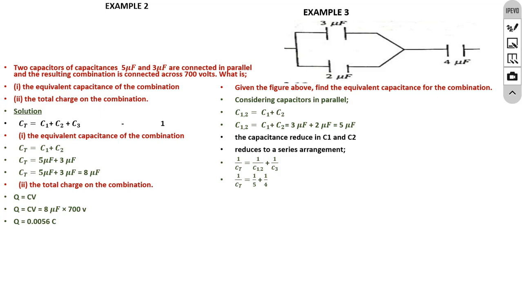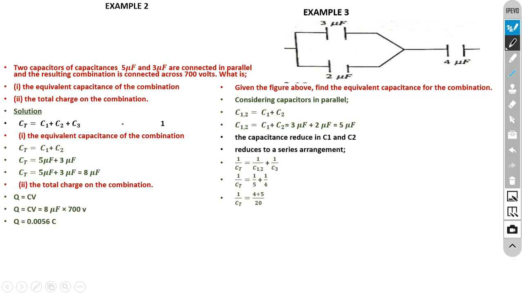We apply the formula, find LCM. You get this. Remember, I had considered this before in terms of finding the LCM. We have 5 and 4.